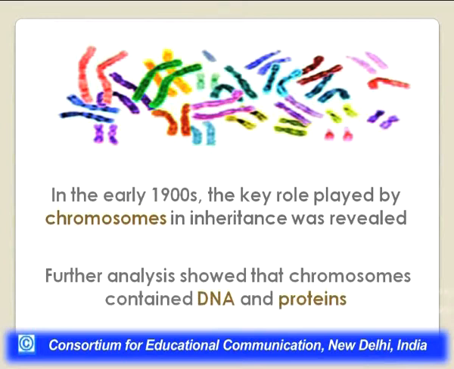Now, before we decipher which of the DNA and the proteins was responsible for the genetic information being passed on from one generation to another, we will look at where this DNA came from. How was it isolated, or when was it isolated the first time?